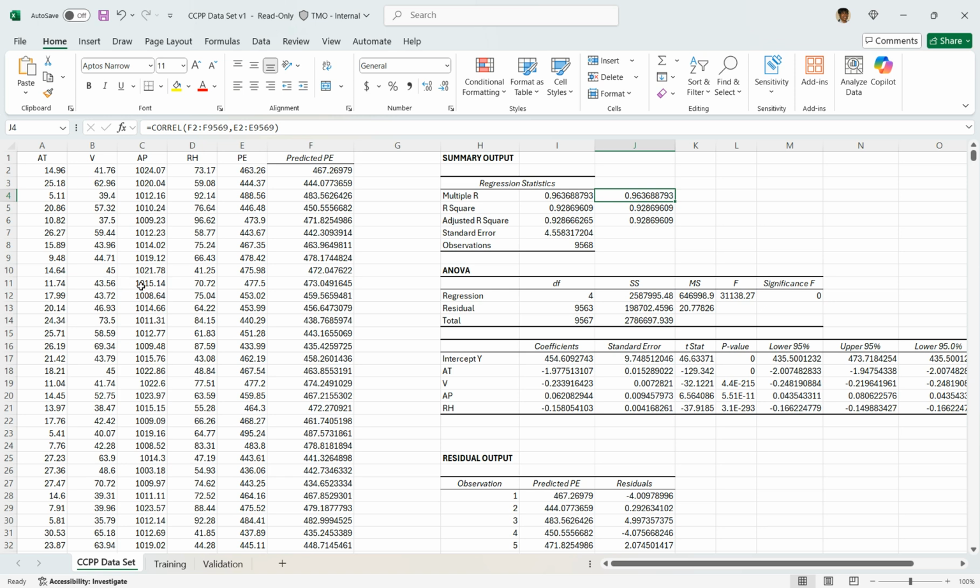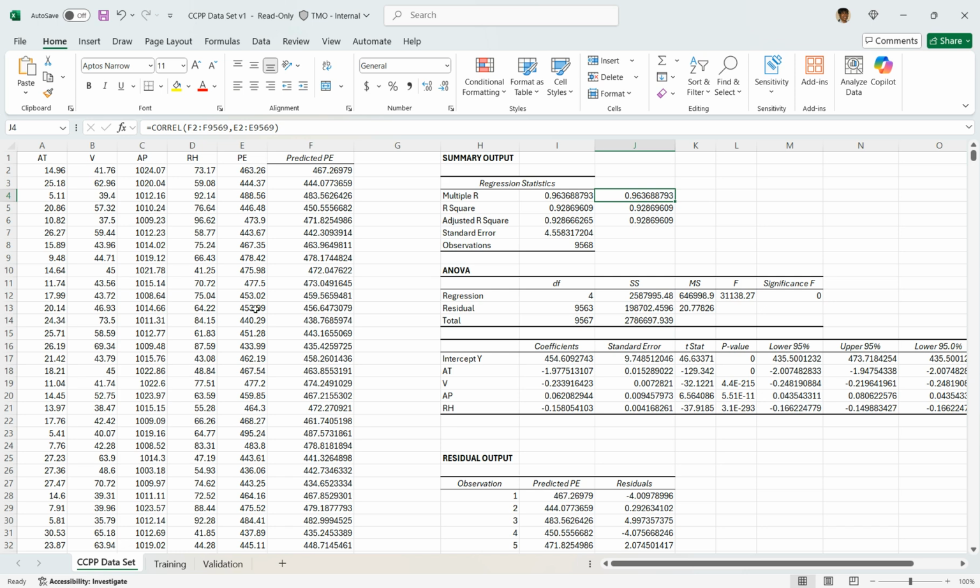The ambient pressure, column C, has a range of 992.87 to 1033.30. The relative humidity, column D, has a range of 25.56 to 100.16.